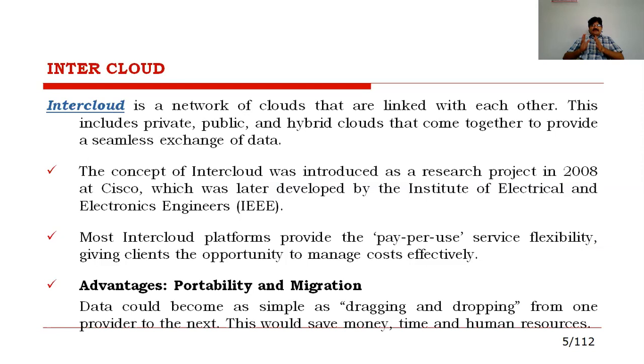Finally, I can say that intercloud is nothing but sharing resources like networking, data, or storage over private, public, and hybrid types of clouds. The term intercloud computing was introduced in the year 2008 by Cisco Software Technologies in the United States, and later it was developed and deployed in IEEE, which stands for Institute of Electrical and Electronics Engineers.